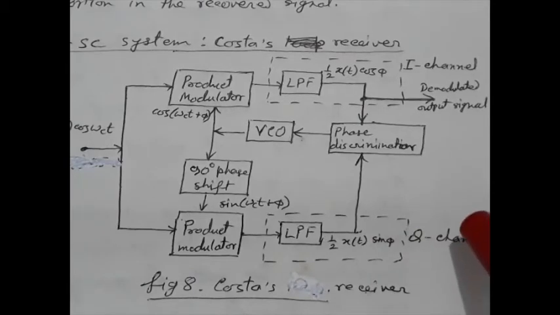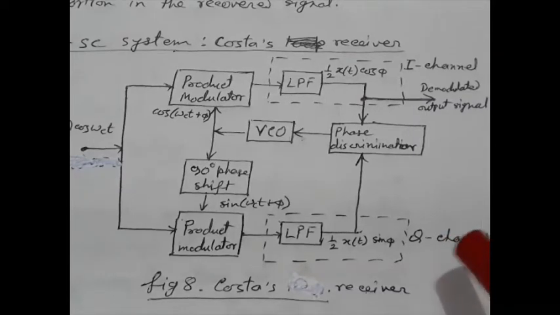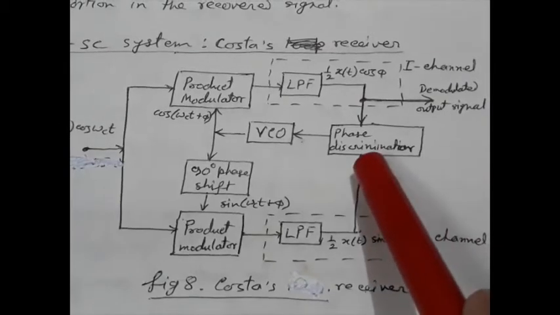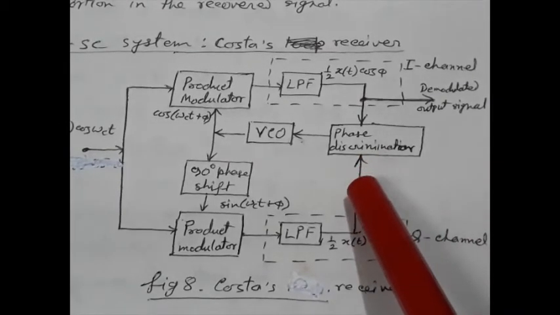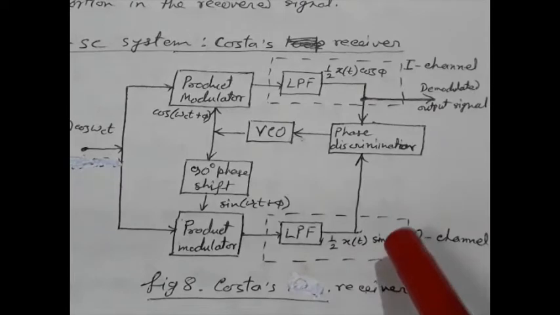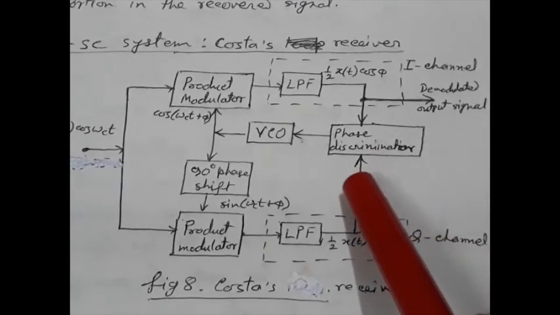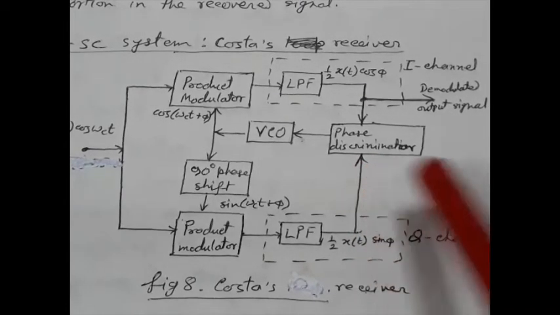Rather, some signal would appear at its output and is proportional to sin phi. In the previous case it was 0, but now with a finite value of phi, it is not 0, it will have some finite value.